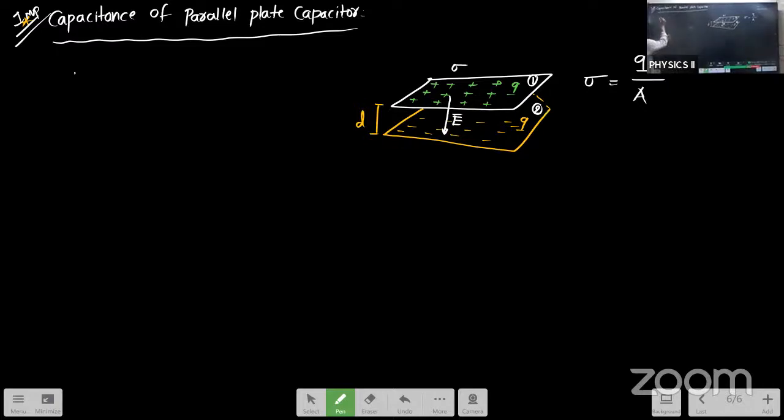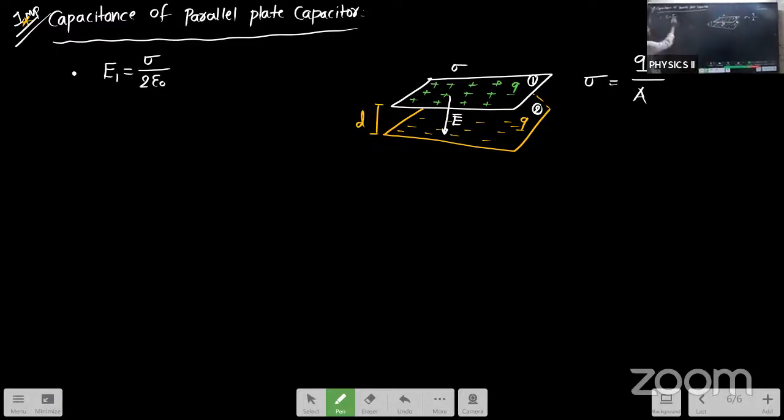Everyone see here. We know that by using Gauss law, we can obtain an expression for electric field due to a plane sheet of charges. What is the formula? Electric field at first plate E1 is given as sigma divided by 2 epsilon naught. You remember this directly because in application of Gauss law, we derive this formula for electric field due to a plane sheet of charges.